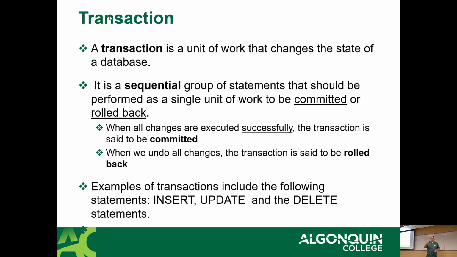So, when all the changes are executed successfully, the transaction is said to be committed. Well, technically, it's ready to be committed, and then you issue a commit command. And if we undo all the changes, because we never issued the commit command, we did a command called rollback instead, that means we undo everything.